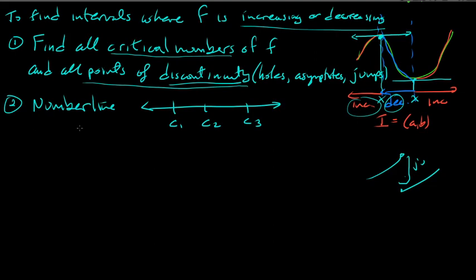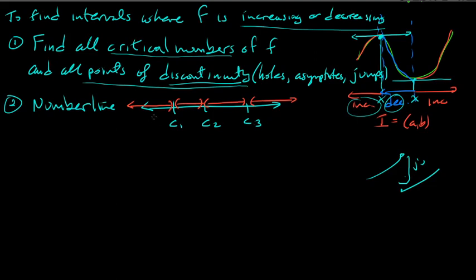Once we do this, we have our intervals. We have this interval going from negative infinity all the way to C1, and then from C1 to C2, C2 to C3, and then C3 to infinity. So we might have 3 critical numbers or 3 points of discontinuity, but we have 4 intervals.